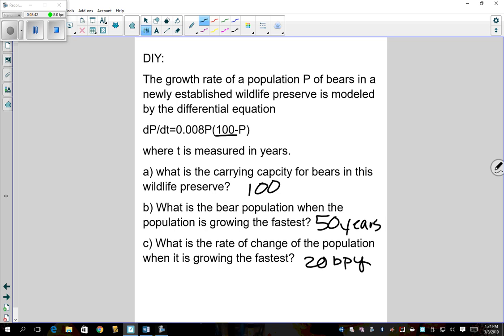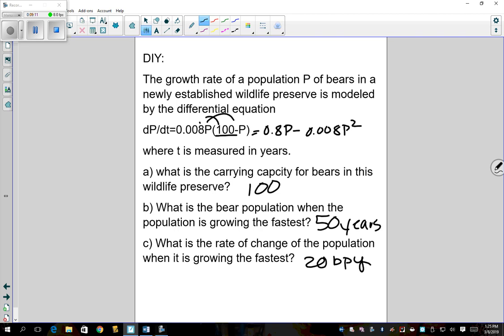And so when we're looking at our equation, if I were to multiply this out, I would get, or just distribute, 0.8P minus 0.008P squared.